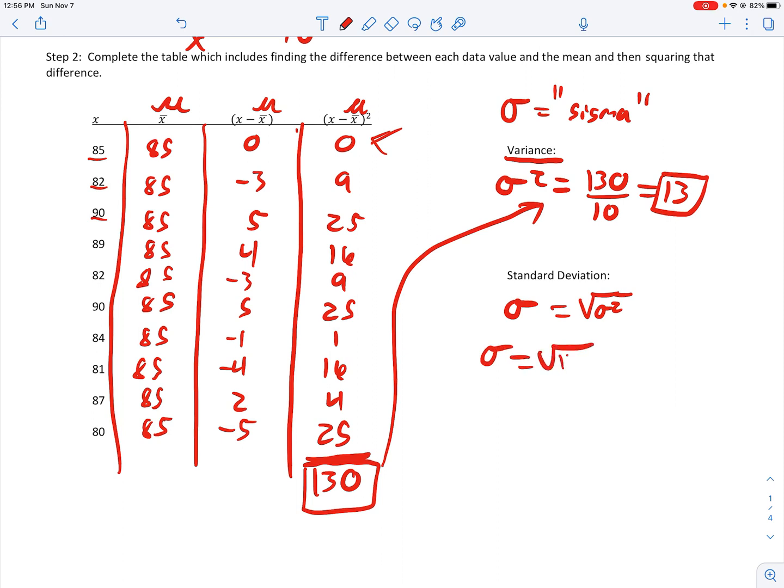So it's going to be the square root of 13, which is about 3.6. So we find the variance by adding up the very last column, which is 130, divide by how many pieces of data, which was 10. So that's 13, and then to get the standard deviation, you take the square root of the variance. So the variance depends on the column, and for the standard deviation, we will often have to have the variance to find that.